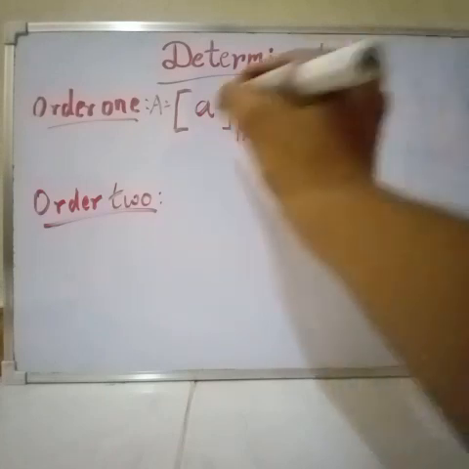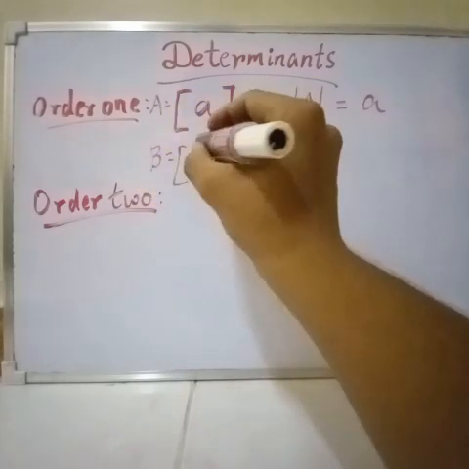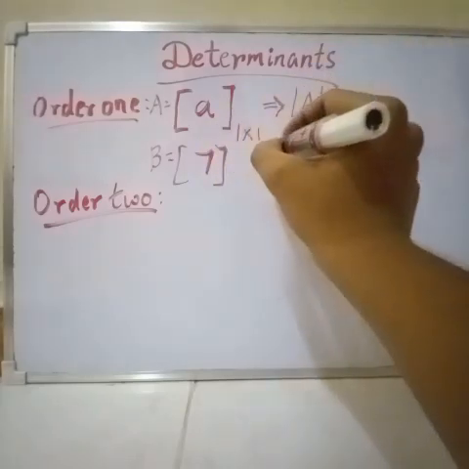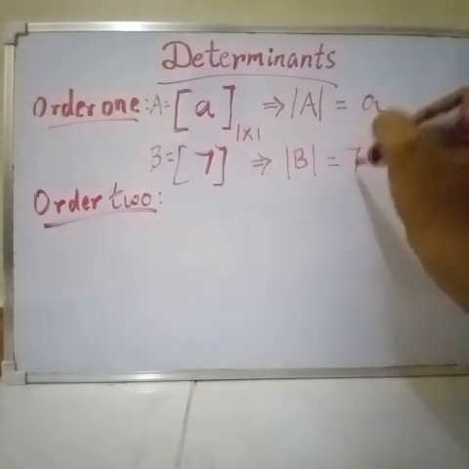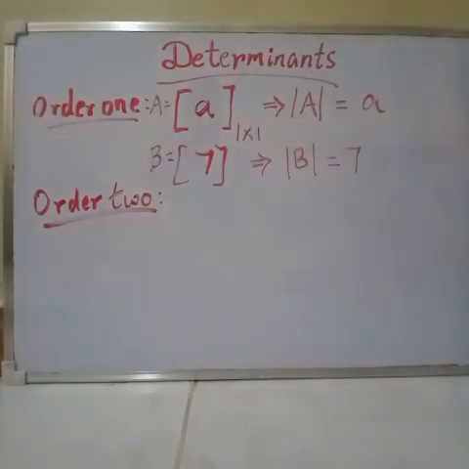For example, if we have a matrix B with the element 7 inside, what will be its determinant? Determinant of B will be the number 7 itself. Whatever is inside will be the determinant of an order 1 square matrix.